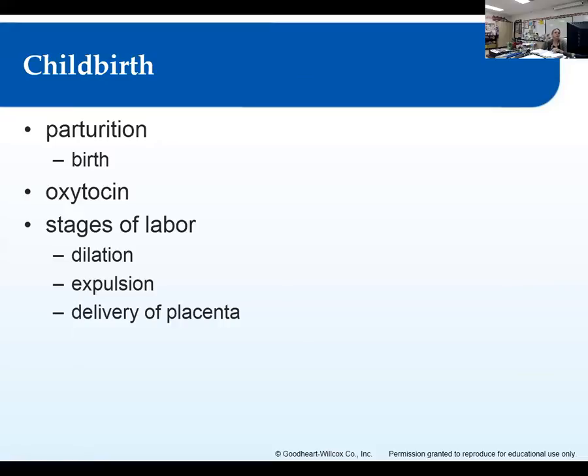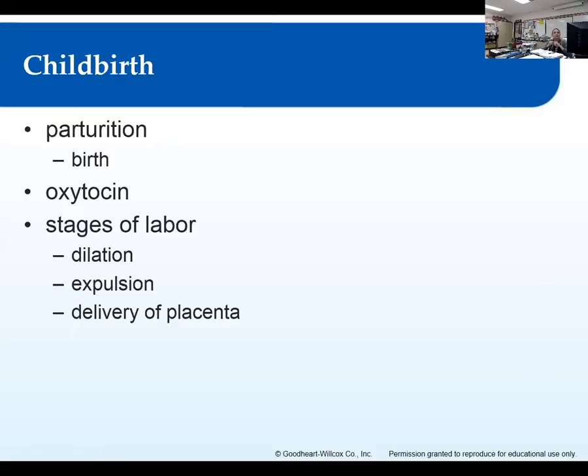So the baby's pituitary gland produces oxytocin, which is a hormone, and it has its effect on the uterus. So the uterus starts contracting, which is just where the uterus, this giant muscle, contracts, and it's just pushing the baby down into the cervix.